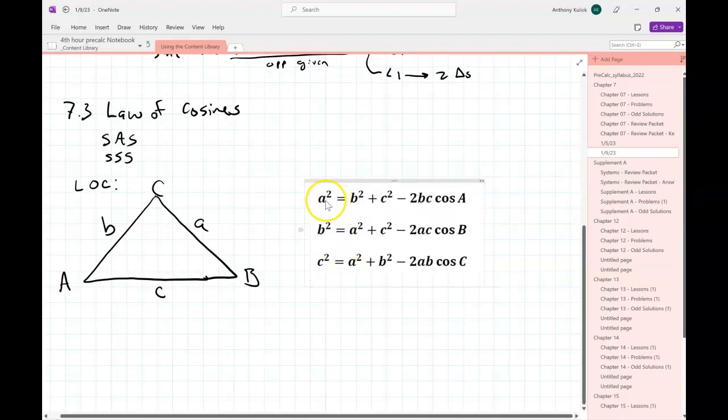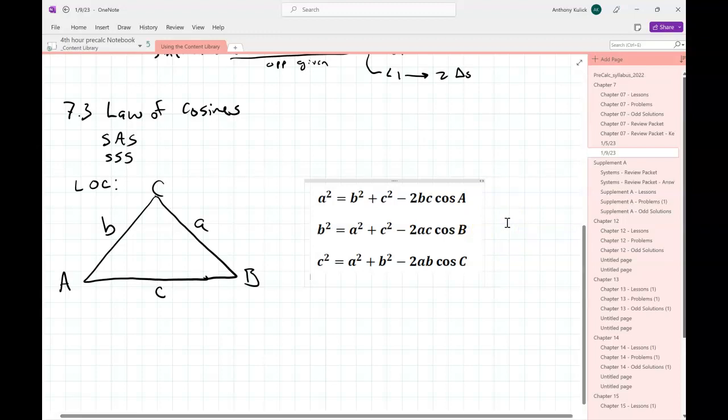We can write side a squared equals side b squared plus side c squared minus 2 times side b times side c times cosine of angle A. And then 2 other versions that are basically the same thing.